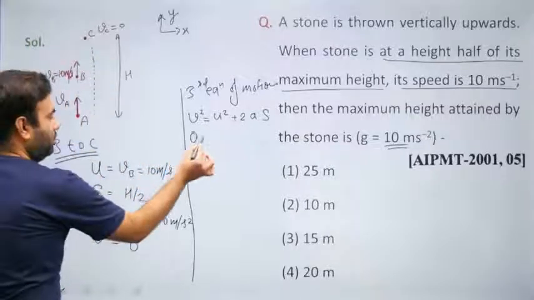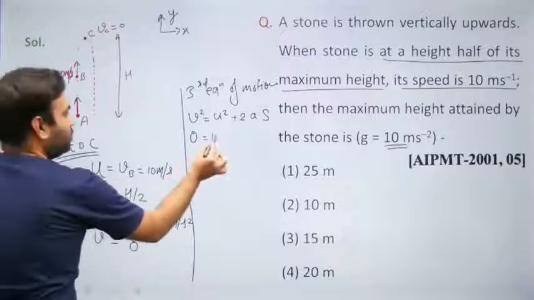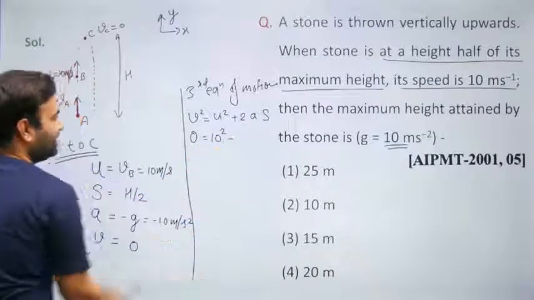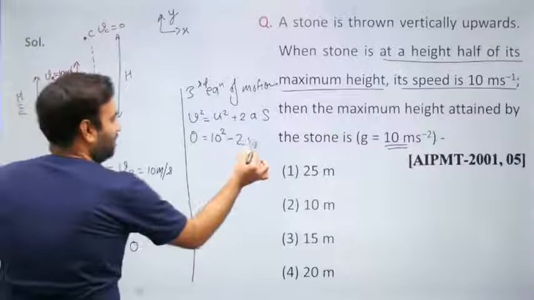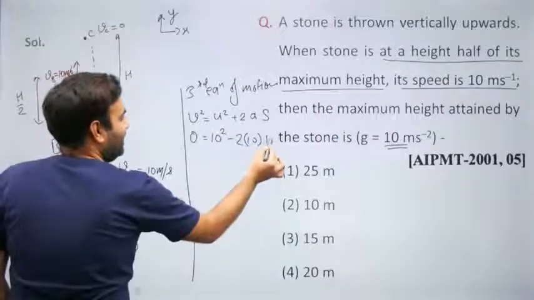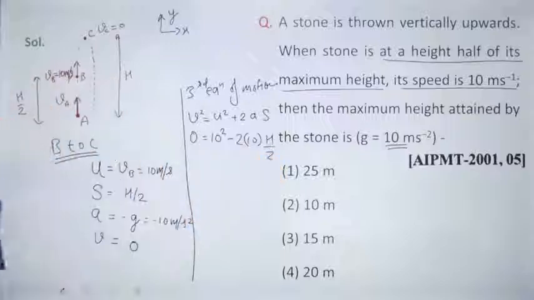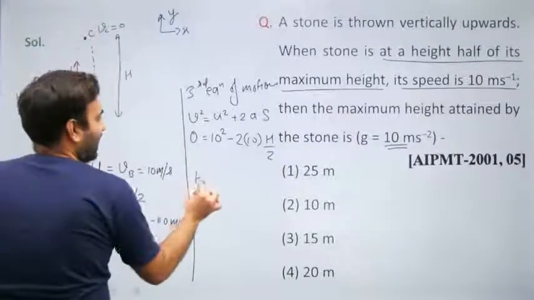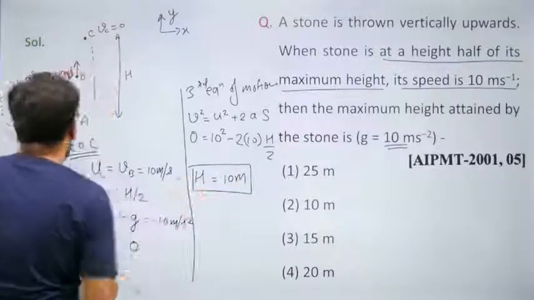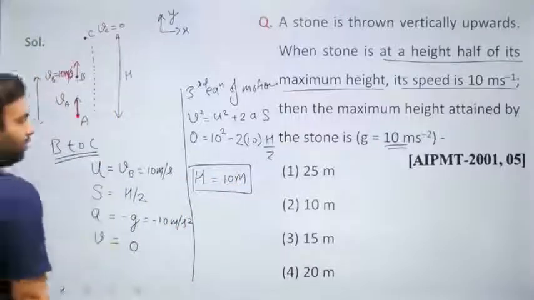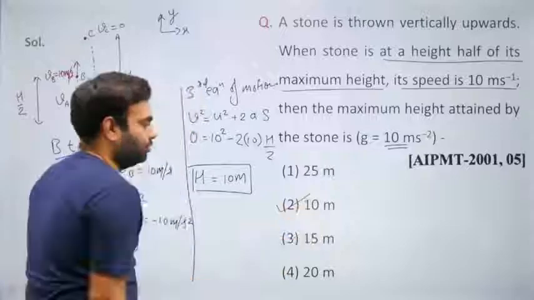So 0 is equal to 10 square minus 2 into 10 into s, since the acceleration is minus 10, and s is h by 2. From this equation you will get h is equal to 10 meter. That is the answer. Okay, so the answer is option 2.